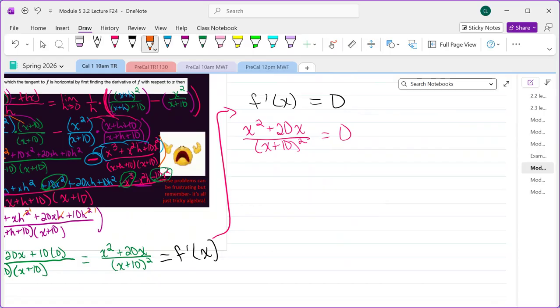So in order to solve this equation, it's a fraction right now, I want to clear the fraction, which actually means that annoying denominator is just going to completely disappear.